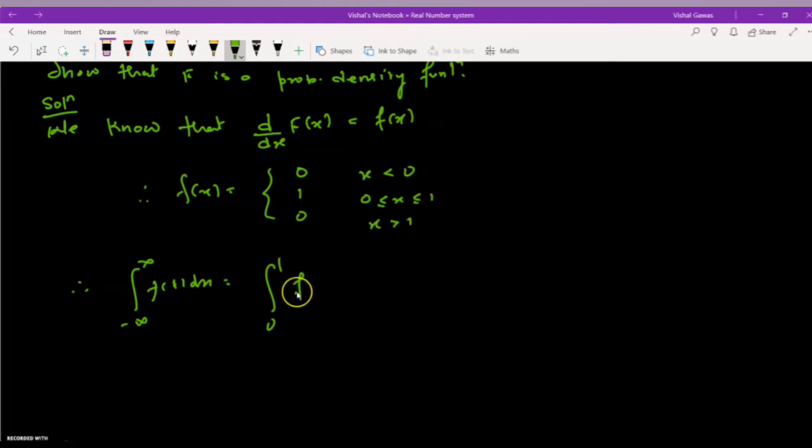So that's f of x dx, which is the integral from 0 to 1 of 1 dx, which is x from 0 to 1, which is 1 minus 0.